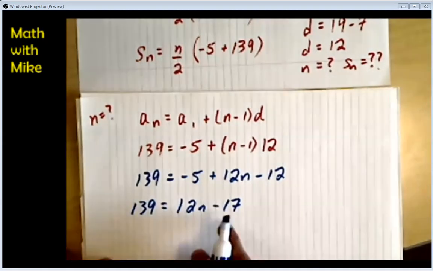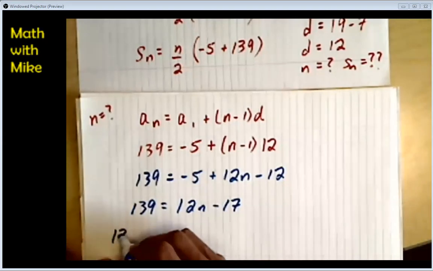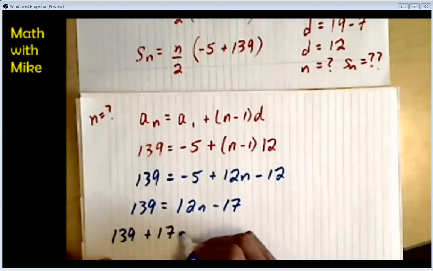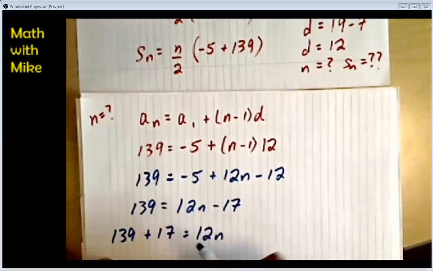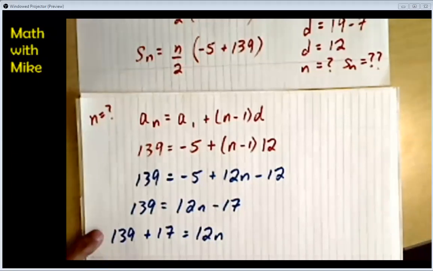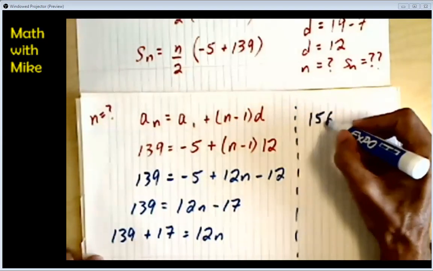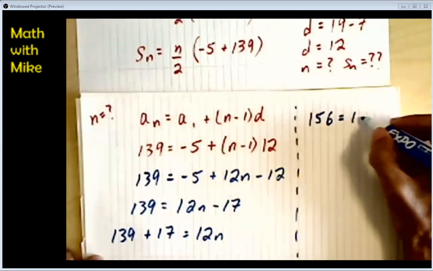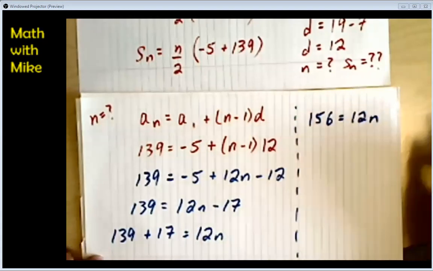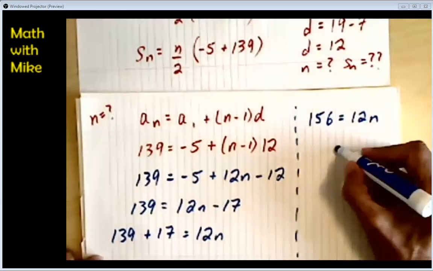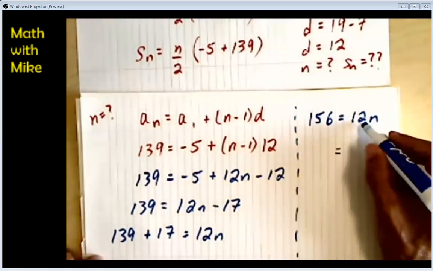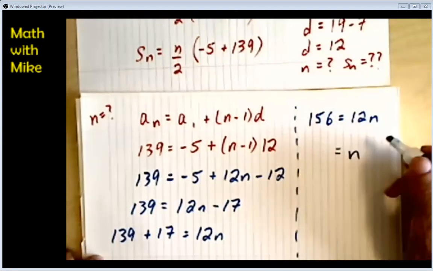Let's get the 17 out of the way, so move it to the other side. 139 plus 17 is how much? Yeah, good. It's 156. That equals 12n. And so when you divide both sides by 12, n will equal 13.